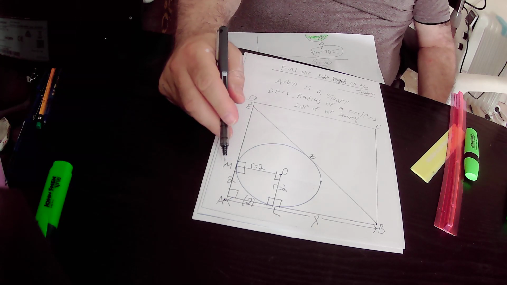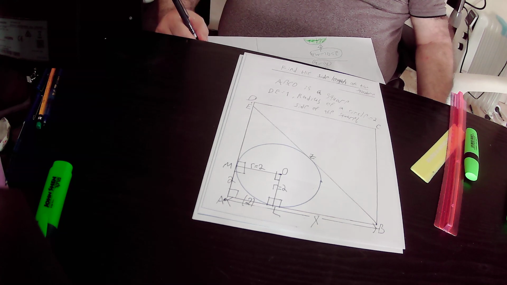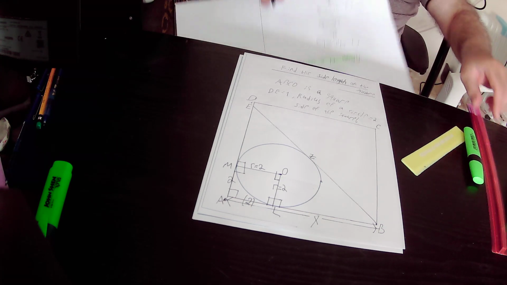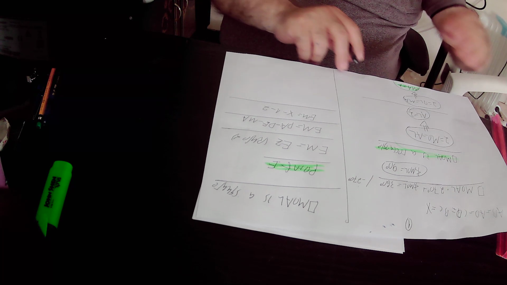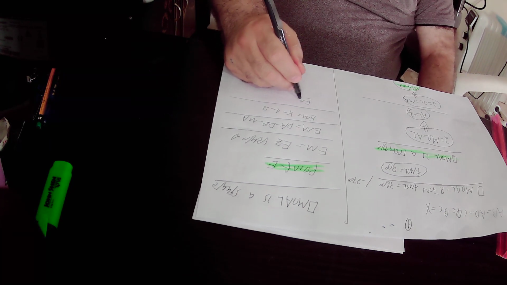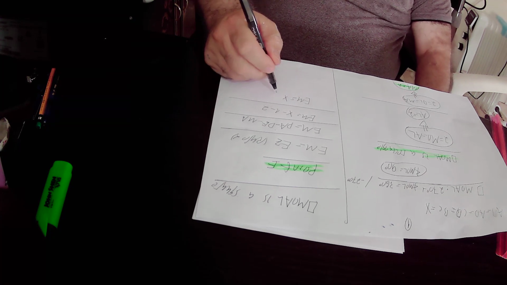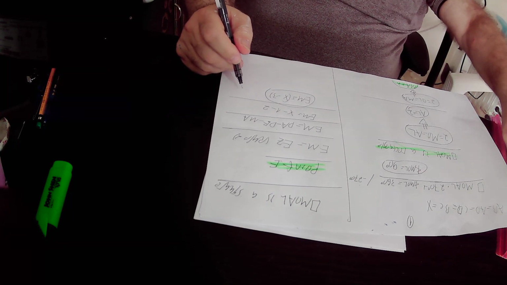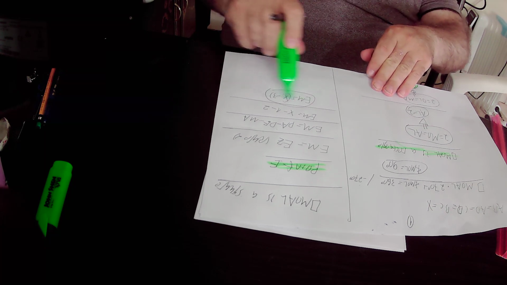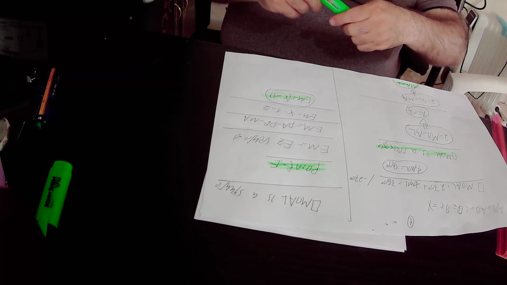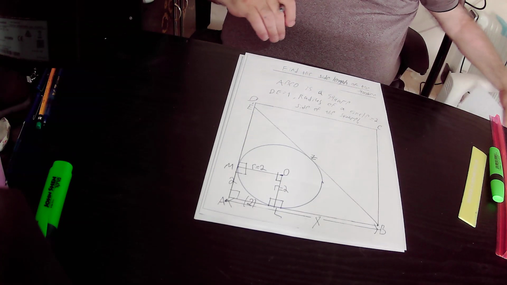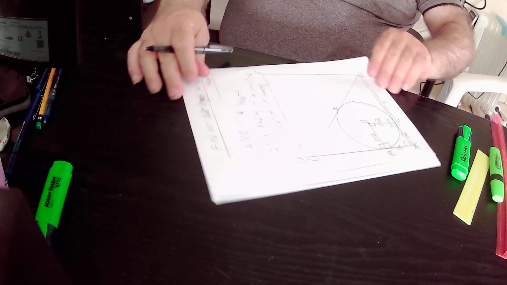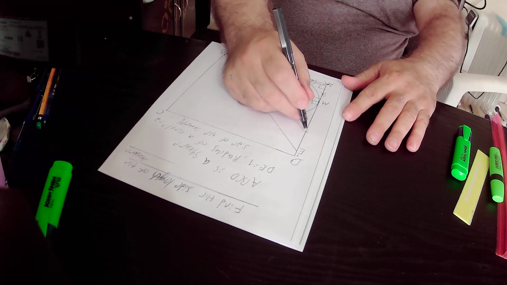Minus MA, which equals 2 units according to what we found. So EM equals x minus 1 minus 2, which is x minus 3. You can write here that EM equals x minus 3.